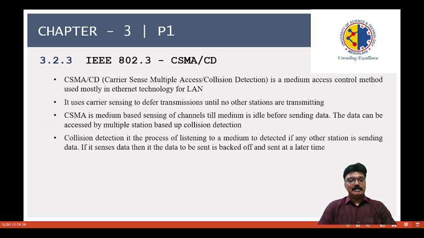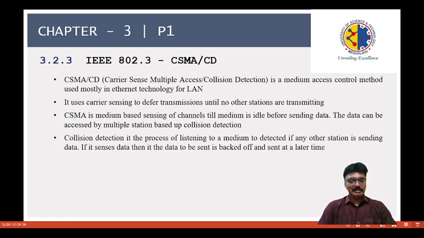So IEEE 802.3 CSMA/CD, that is Carrier Sense Multiple Access with Collision Detection, which is a medium access control method used mostly in Ethernet technology of LAN. It uses carrier sensing to defer transmission until no other stations are transmitting.